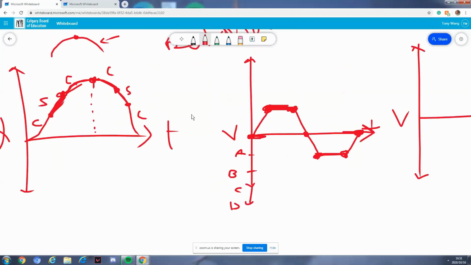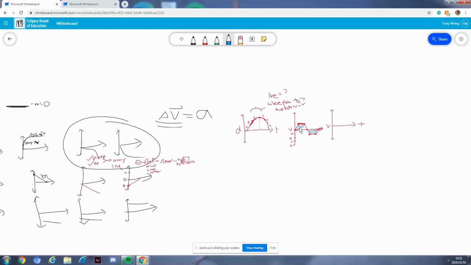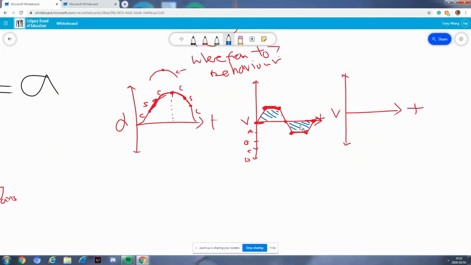So when I'm asking you for the rough size about this, you should notice that this and this have the exact same area. So why do you think this shape and this shape have the exact same area? Because on the first graph, it's just a reflection of the first half of the lines.